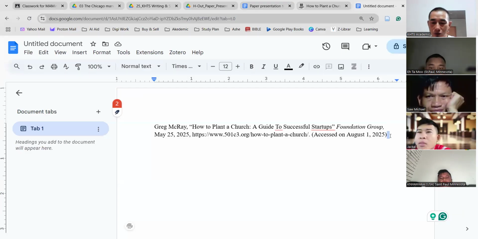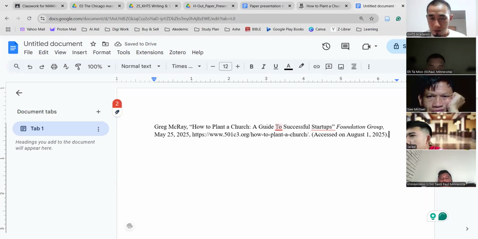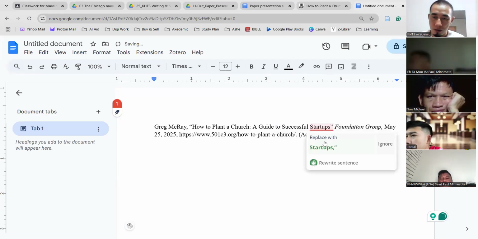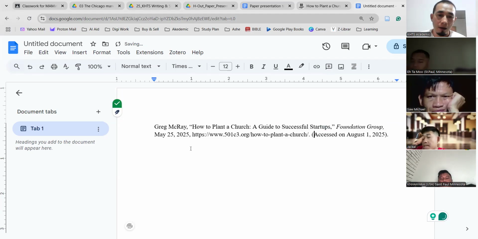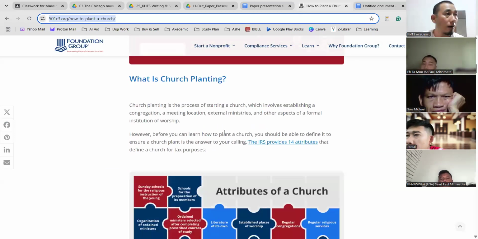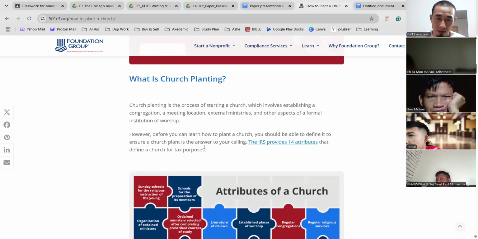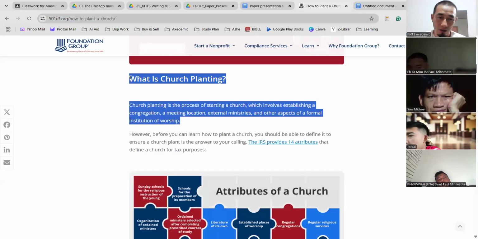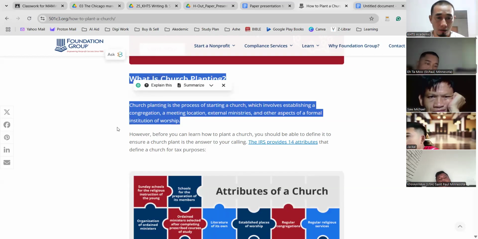And what do I mean by footnote? All right, let's do this. Start up there. Now, for example, what is church planting? Say, for example, I get this whole section from here and this one.